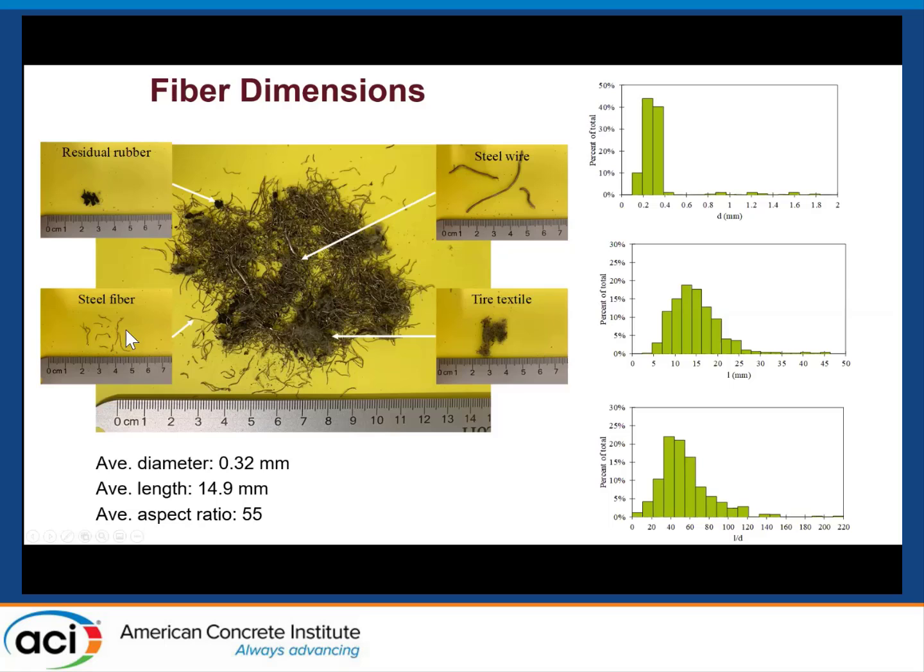To characterize the fiber sizes, we collected 500 fiber samples, and then we measured the diameter and the length using a micrometer. For our samples, the average diameter was 0.32 millimeter, and the length of our fiber was 14.9 millimeter. This gives us an aspect ratio of approximately 55.